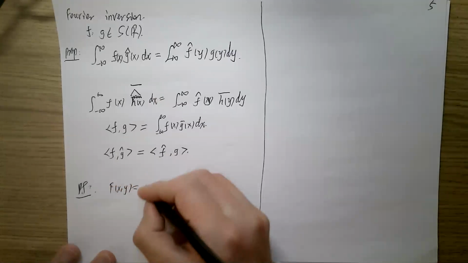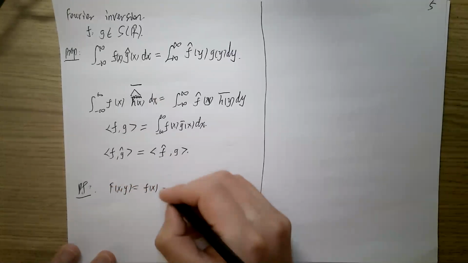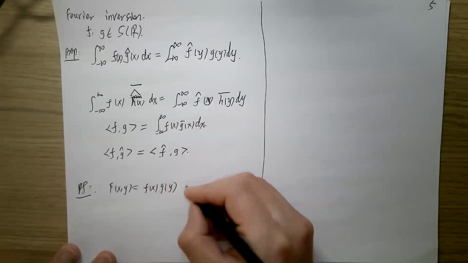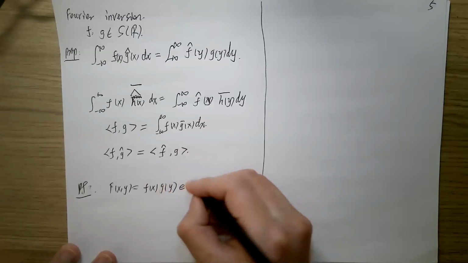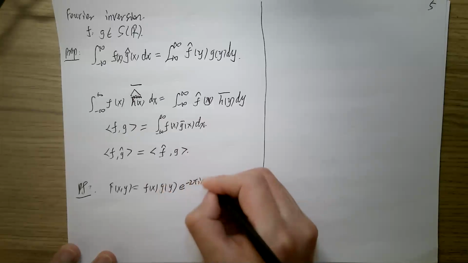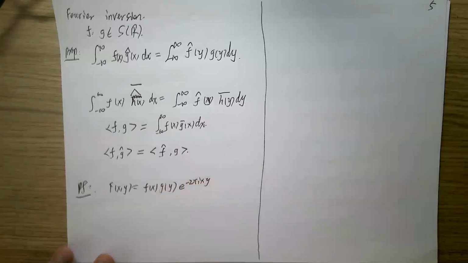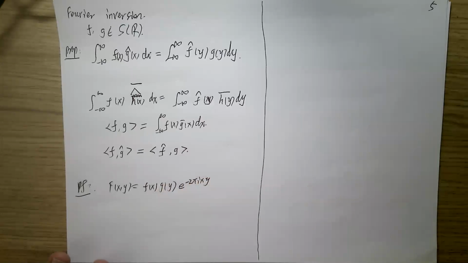Say F(x,y) is equal to f(x) times g(y) e to the power minus 2 pi i x y. Okay, this is your new F(x,y).